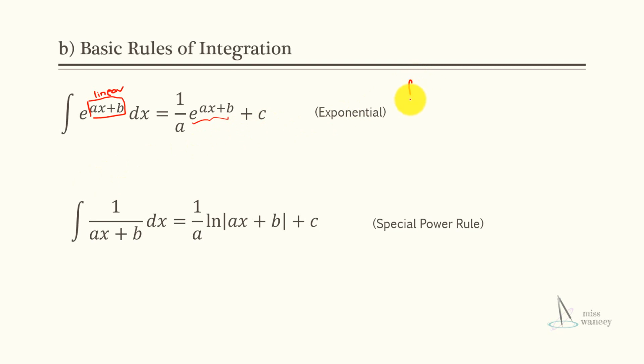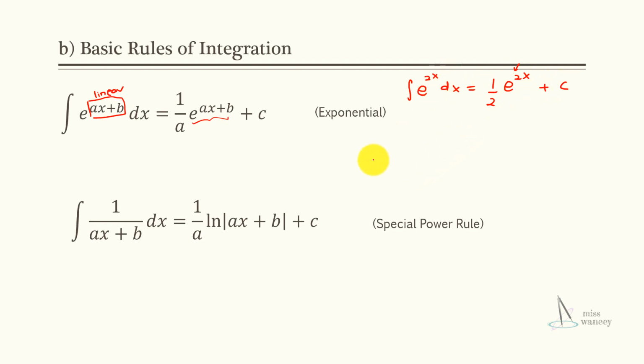For example, if you have to integrate e to the power of 2x dx, copy down the exponent e to the power of 2x, but then you should take the coefficient of x, which is 2. So it will become 1 over 2 e to the 2x plus c.